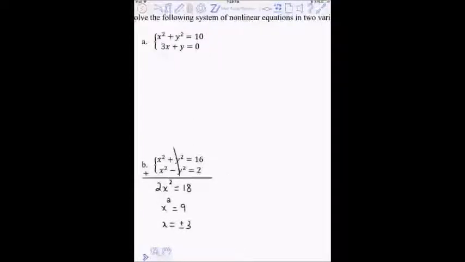Now we've got to solve for y. So if I use this top equation, now I'm plugging in 3. So I've got to do this twice because I've got two different values. So when x equals positive 3, I'm going to get 3 squared plus y squared equals 16.